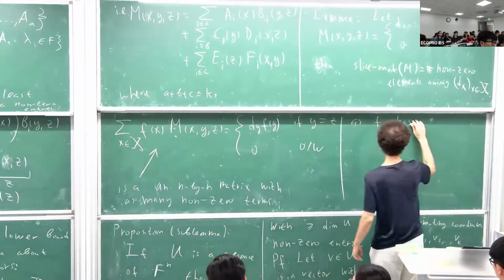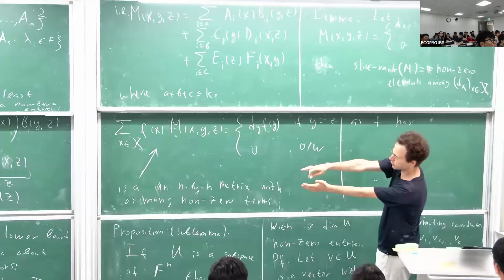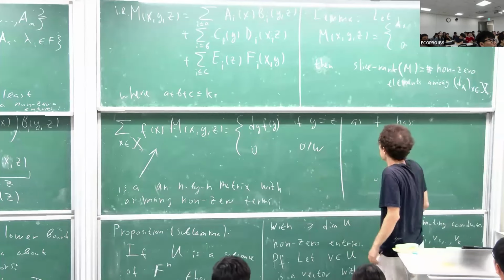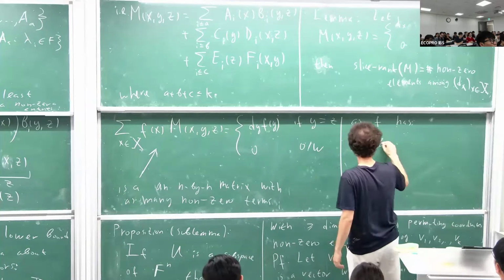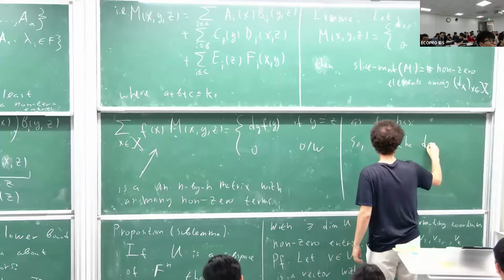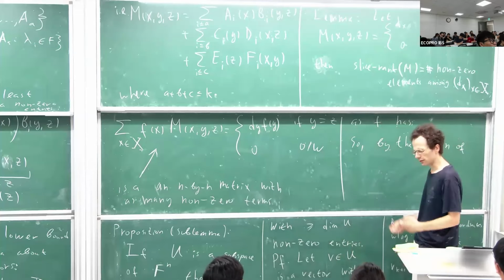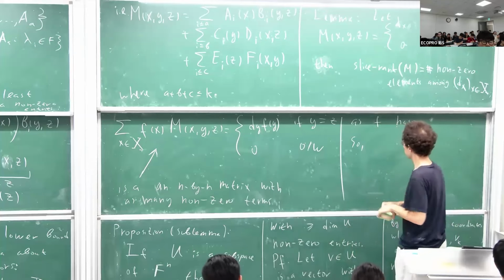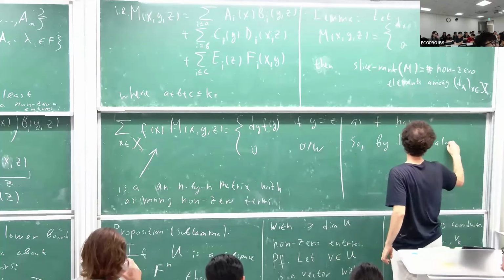Okay, so now basically we have a diagonal matrix, which is the sum of a bunch of rank 1 matrices. So this is just usual linear algebra, using the rank of diagonal matrices.